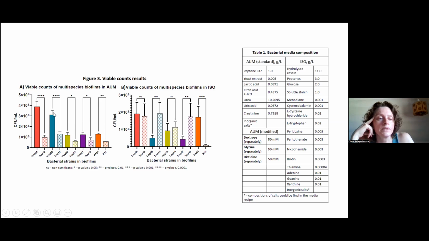So if you look at this first panel, A, these are viable counts of Pseudomonas, filled bars, and E. coli, these are dotted bars. And each of them were isolated together. So they're not just some kind of E. coli and Pseudomonas. They've been found in a single patient together. So we know that they can live together in a patient that has a catheter.